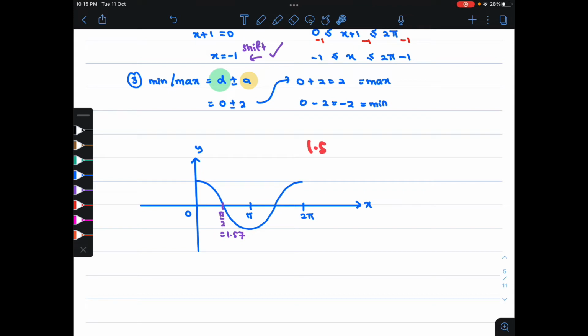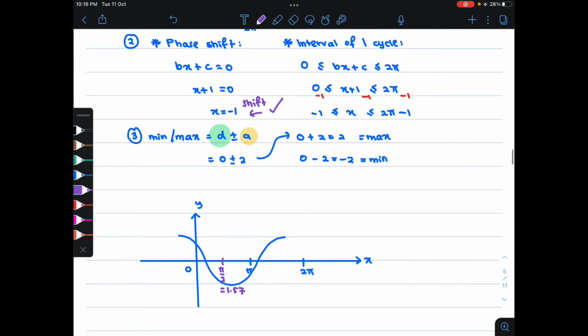So 1.57, when you minus with 1, that will give you 0.57. So you're gonna move from 1.57 to 0.57, which is about here. So you're gonna move everything to the left, like so.